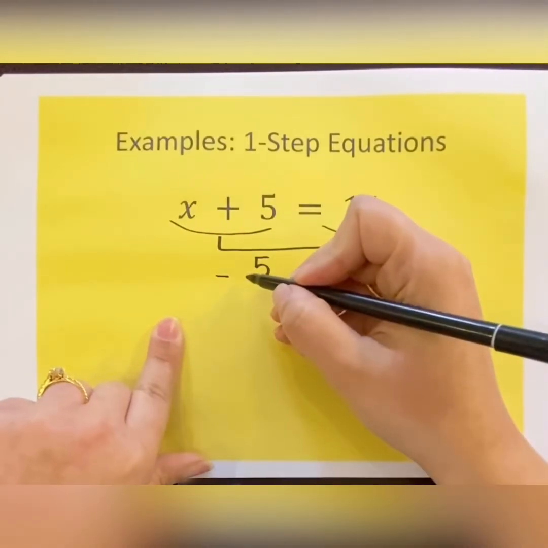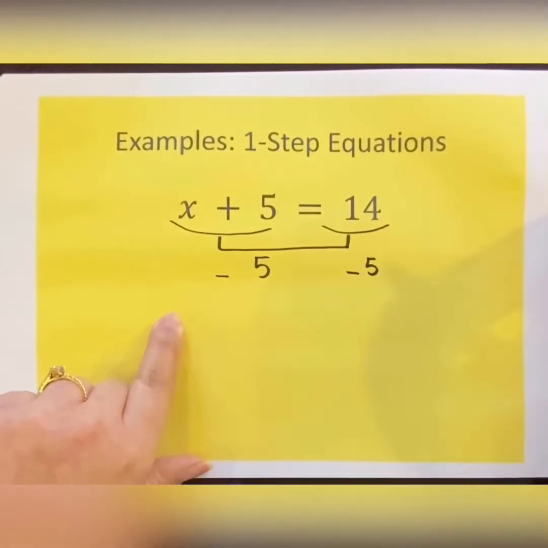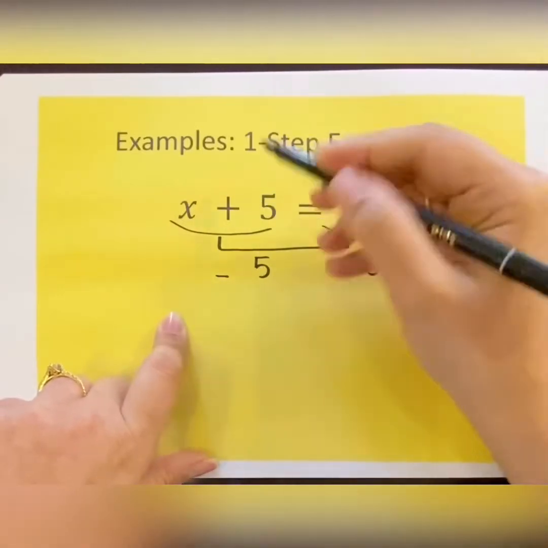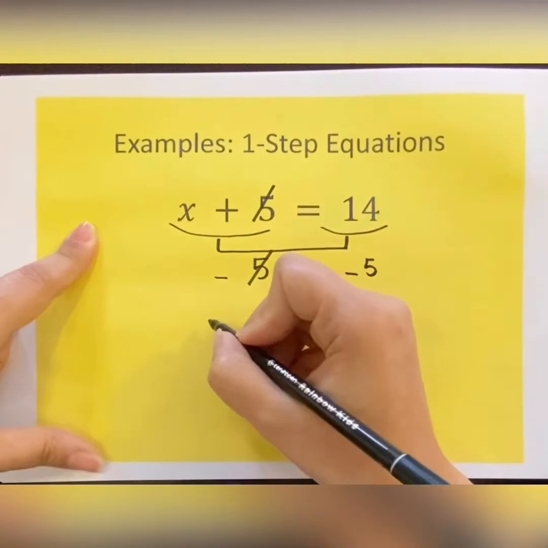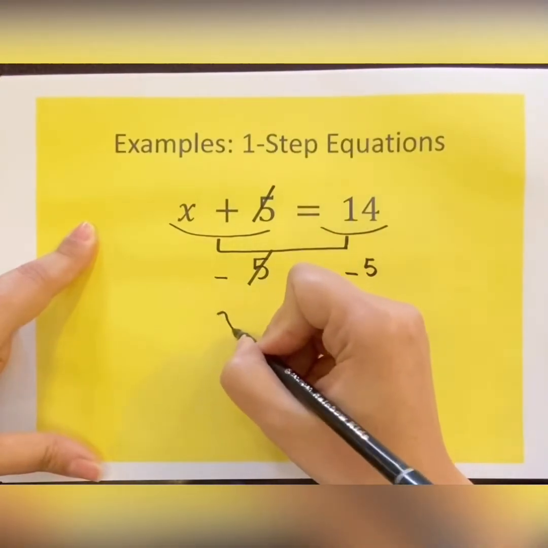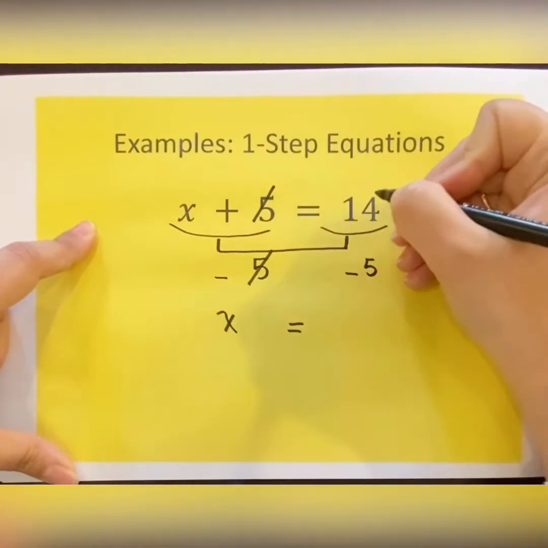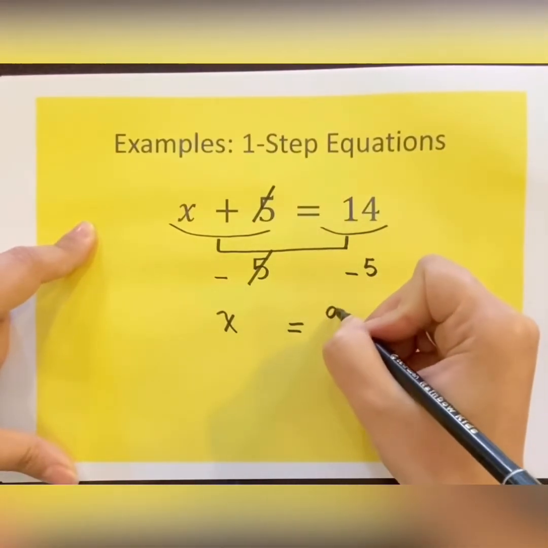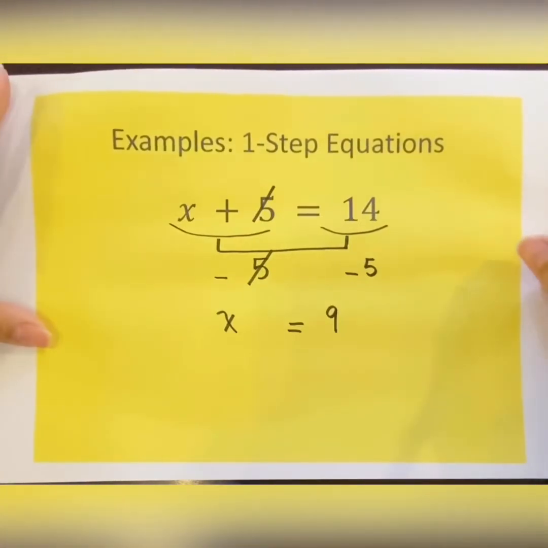So if you subtracted 5 from this side, you have to subtract 5 also from the other side. 5 minus 5, they are going to be crossed out. What do we have from this side? It's only x. x equals 14 minus 5, it's 9. This is how we solve it.